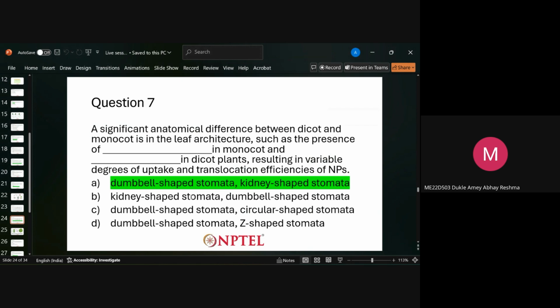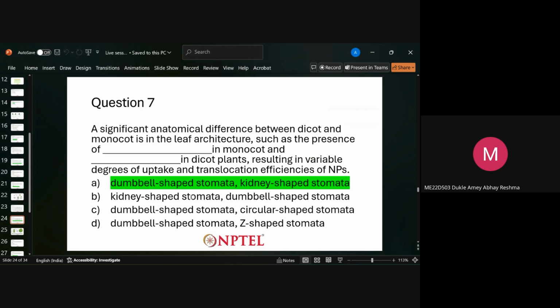Basically, in nanochemistry, or nanotechnology per se, the surface area plays a lot of role in the overall mechanism. A dumbbell-shaped stomata has a lower surface area than a kidney-shaped stomata.